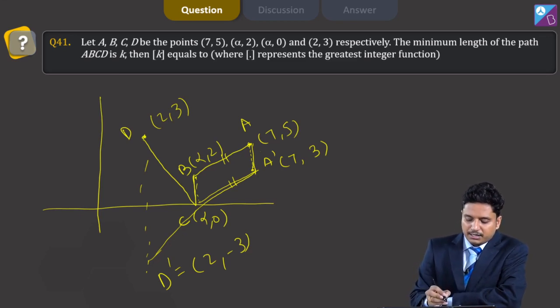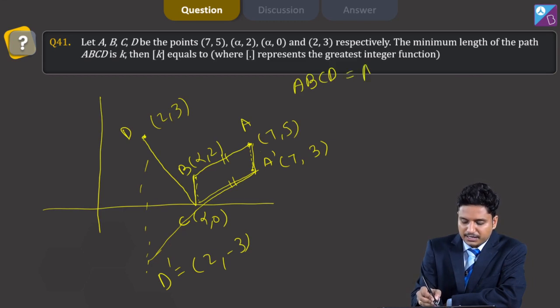So what is the distance? It will be A dash C, that is actually AB, plus BC, that is 2, and CD dash, that is the actual minimum distance that is possible. So for minimizing this path ABCD, we are minimizing A dash C plus CD dash, and plus that BC unit is actually 2.